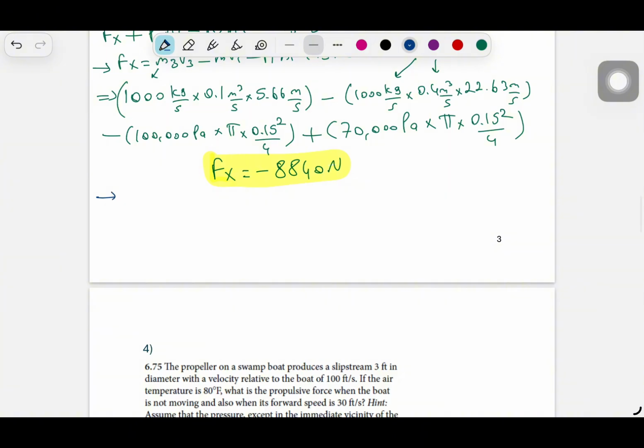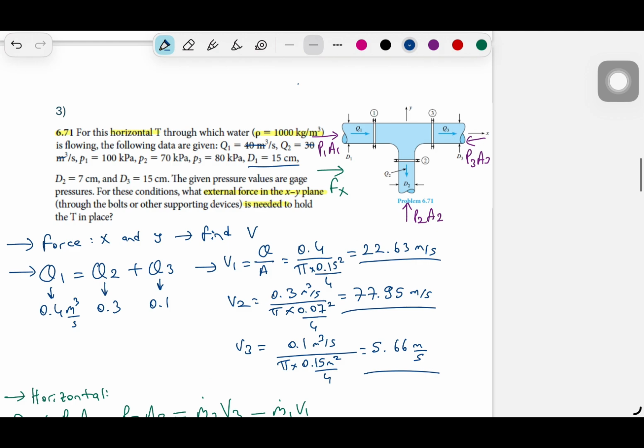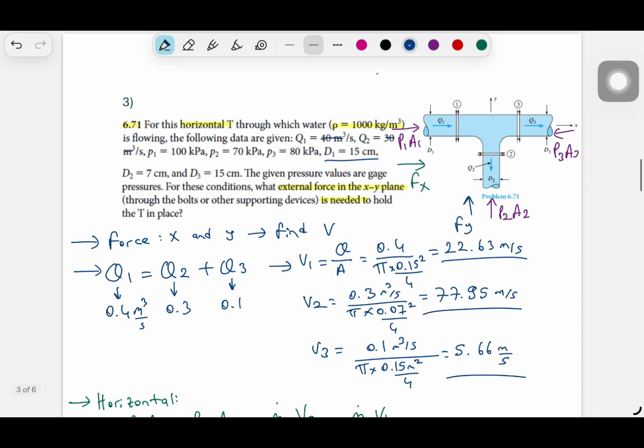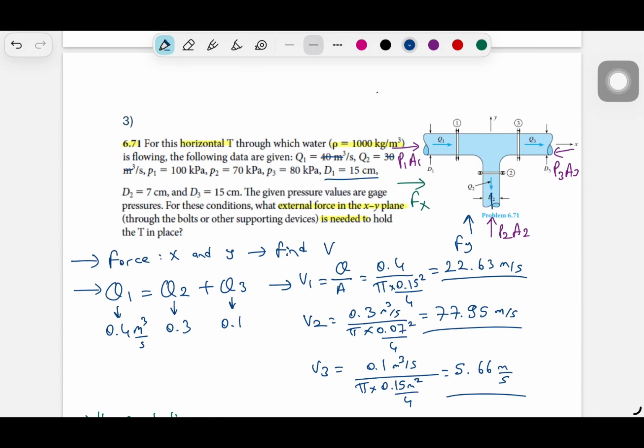Now look at the momentum equation for y direction, which is vertical. So this time again, we have Fy. So we have Fy plus P2 A2, which is pressure force. And we have out.